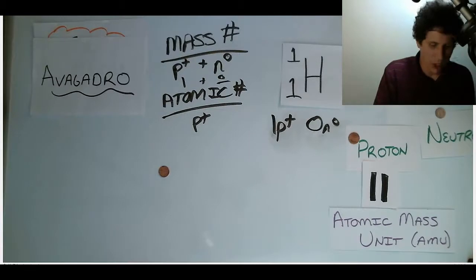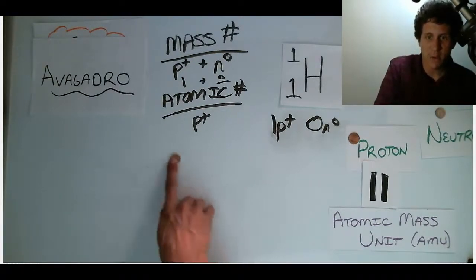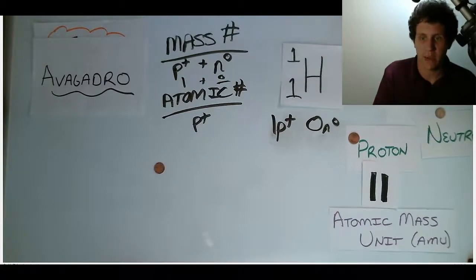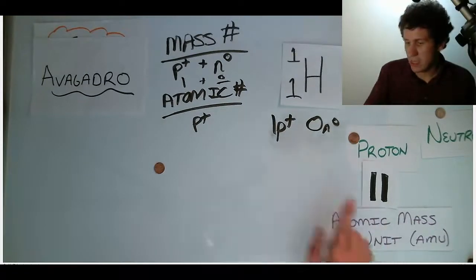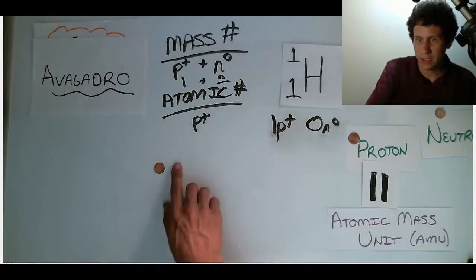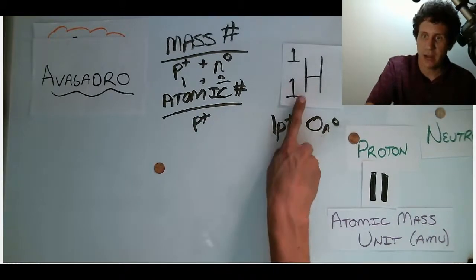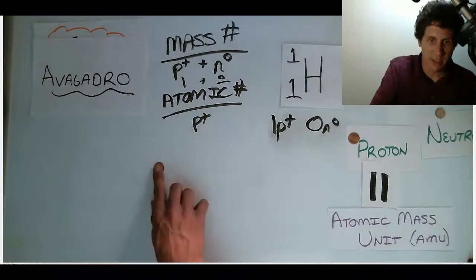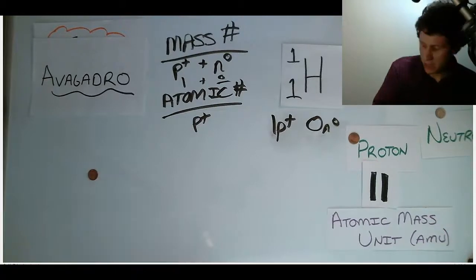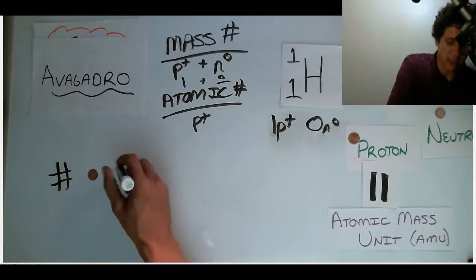Now, what Avogadro wanted to do was figure out how many of these hydrogen 1 atoms he would need to get the atomic mass unit to be equal to the number of grams. Our hydrogen atom weighs 1 atomic mass unit, so how many atoms is it going to take to get to 1 gram? So the question is, number of pennies to equal 1 gram.